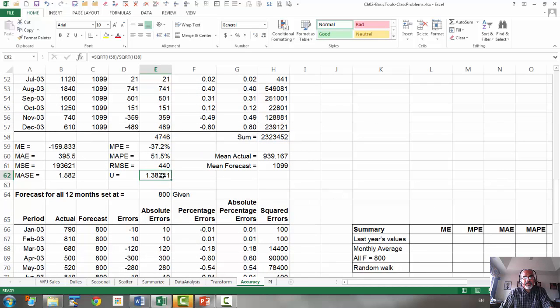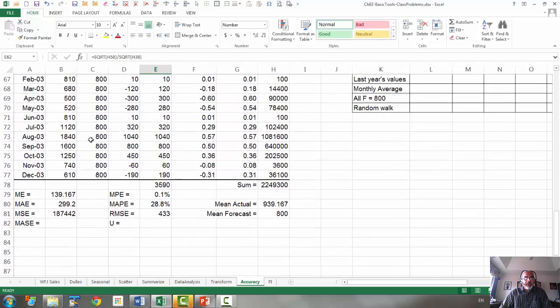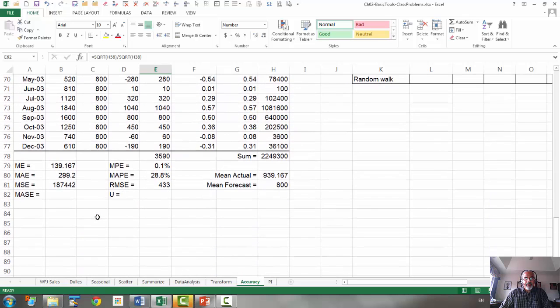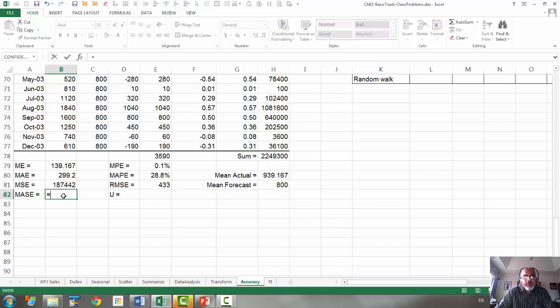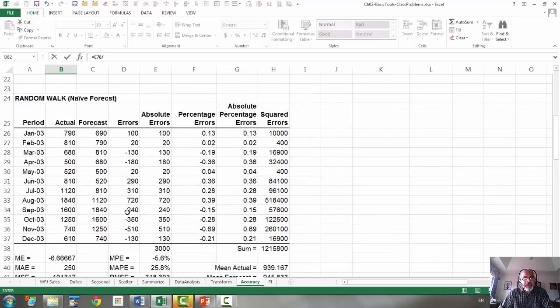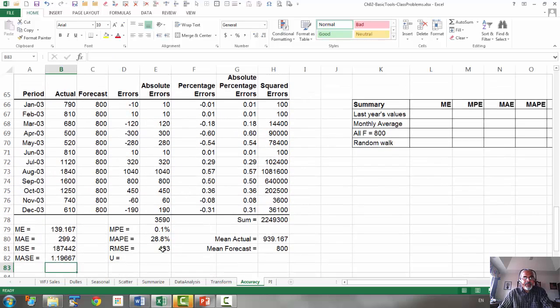And that's the Theil's U for this case. And here is the next table where we're using 800 as a constant forecast for all the 12 months. Here again, you take the sum of the absolute errors divided by the same sum of the absolute errors for the random walk, that's MASE.